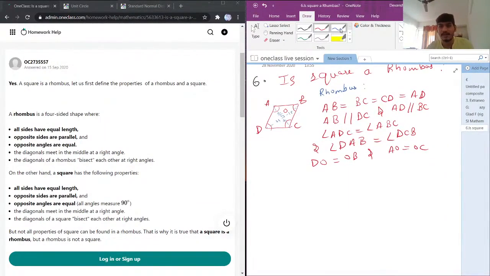So let us write for a square. I might not be able to make a perfect square, but I will try.